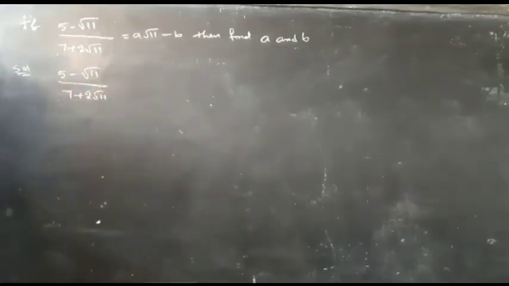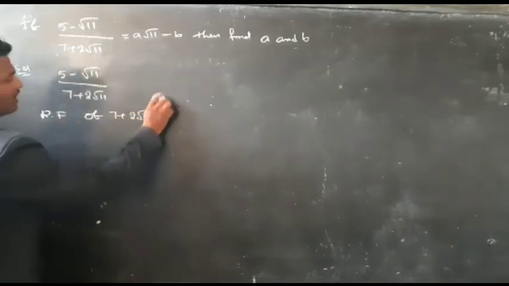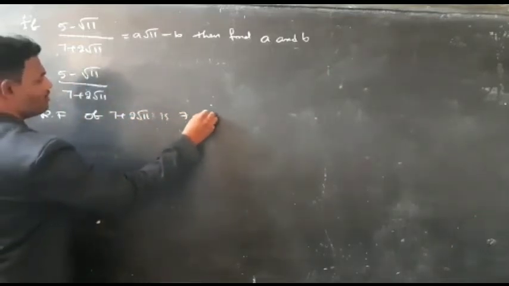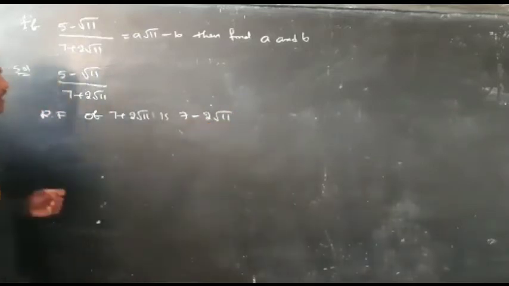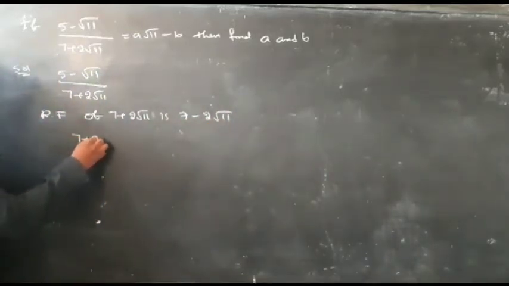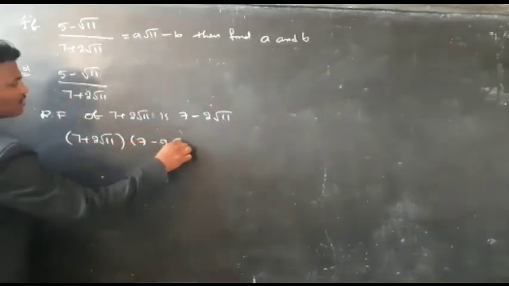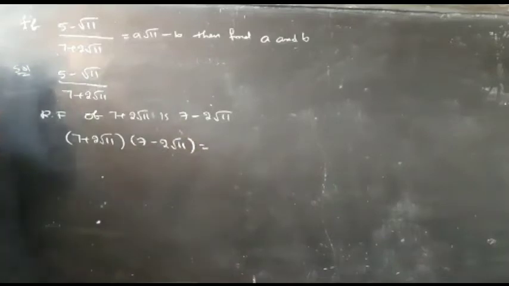I am taking first the LHS part. Here the rationalizing factor of 7 plus 2 root 11 is 7 minus 2 root 11. Now I am multiplying these both. 7 plus 2 root 11 into 7 minus 2 root 11 is equal to. It is in the form of a plus b into a minus b.